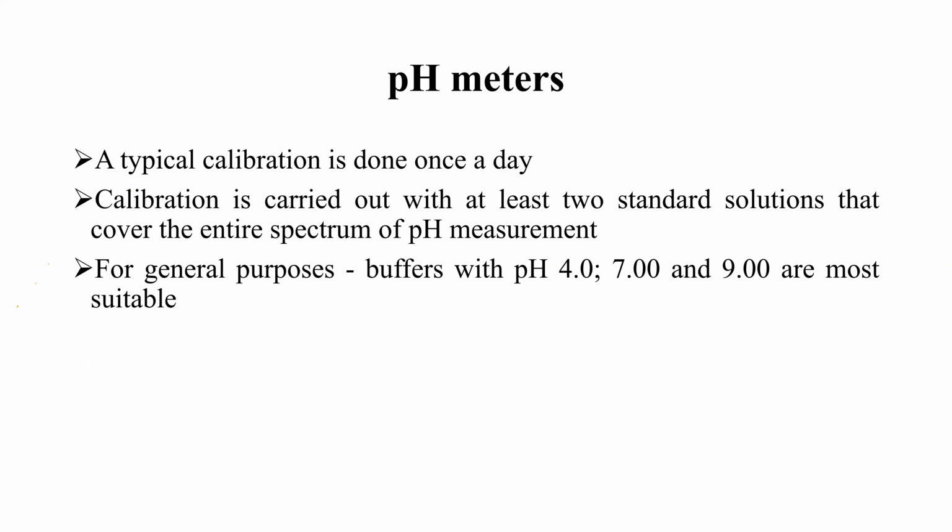Before usage, we should calibrate and check that the device works properly. Standard buffers with known pH, 4, 7, and 9, should always be present in the pH meter set, and we check on these points for more precise measurement.